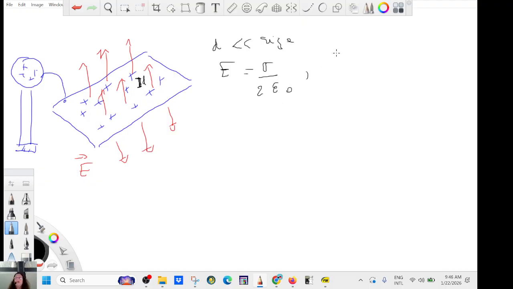And sigma is the charge density, so the charge divided by the area. So that's what we did last time.